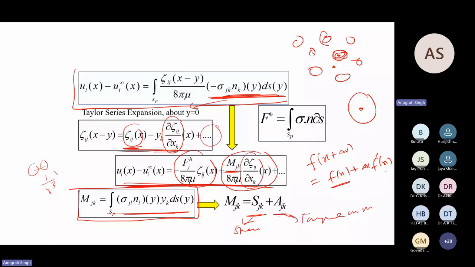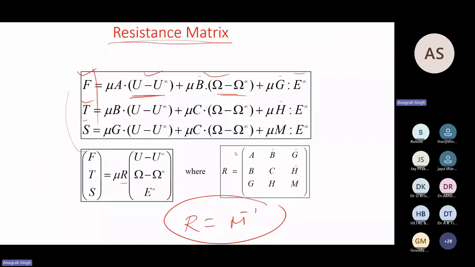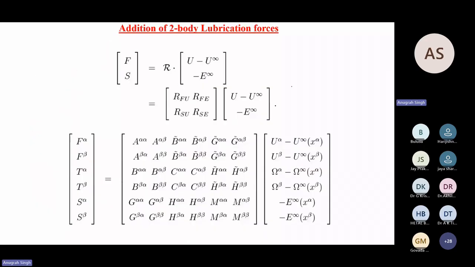For widely separated particles, R is very large, so 1 over r cube you can neglect. But when they're close, you cannot neglect. While formulating the mobility matrix, we considered only the zeroth moment and first moment, and neglected higher order terms in the Taylor series. Because of that, this does not consider particles close by.